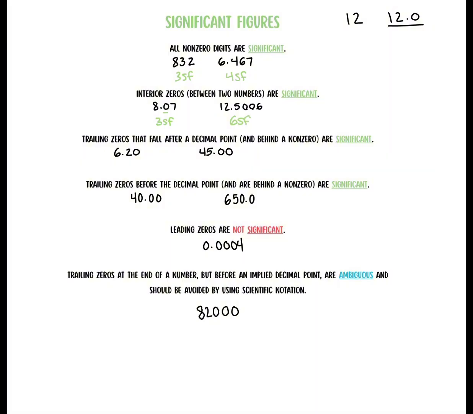Now, rule number 3 states that trailing zeros, or the zeros that fall after a decimal point and behind a non-zero, are significant. An example of that would be 6.20. The 0 is not only behind a decimal point, but it's also behind a 2, which is a non-zero. Therefore, it is considered significant.